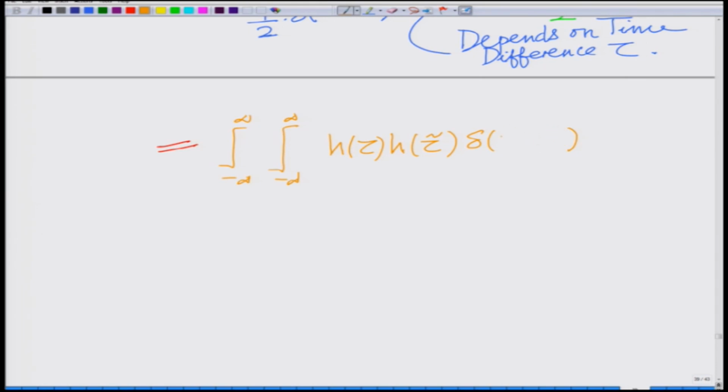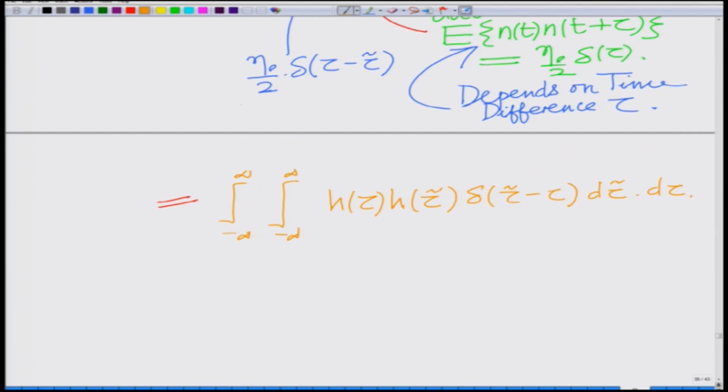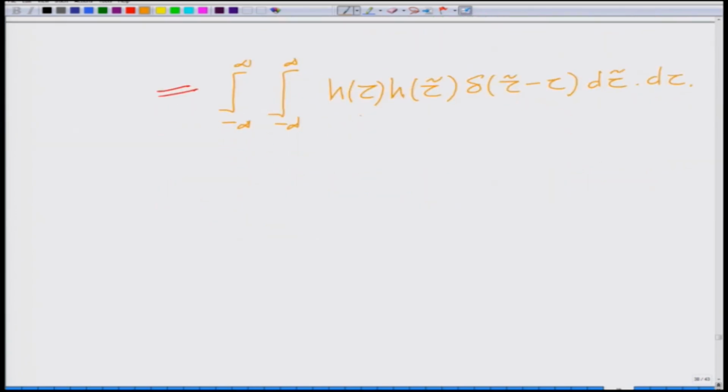So, you can also write it as δ(τ̃ − τ) dτ̃ dτ. Both of them are one and the same, it does not matter.